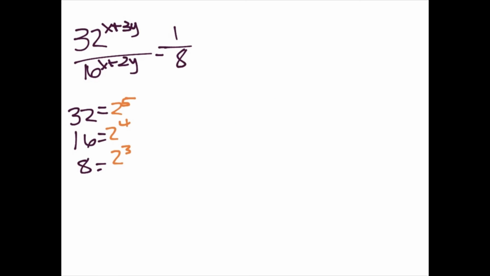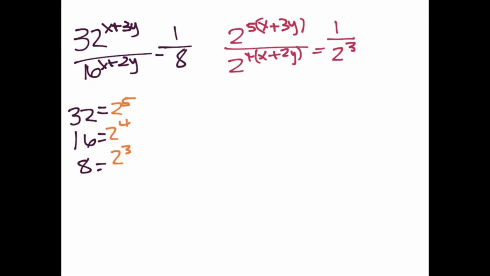And now we would do the same thing with this one. I've already written down how you can do it because it's the same as the previous. So all we have to do is write 2 to the 5x plus 3y over 2 to the 4x plus 2y is equal to 1 over 2 to the 3. Remember, we can express this with negative exponents, so we can write 2 to the negative 3.